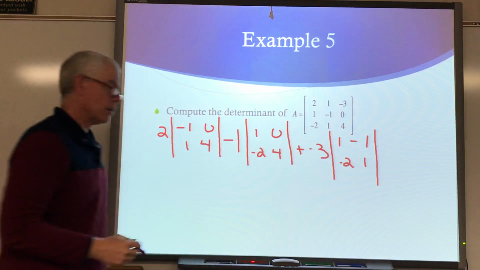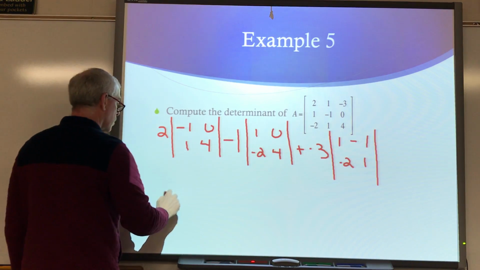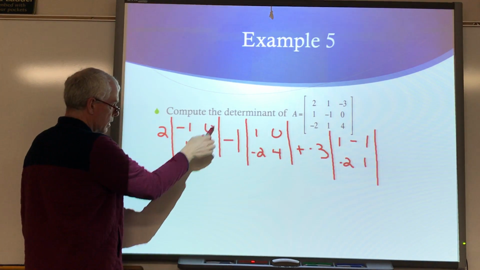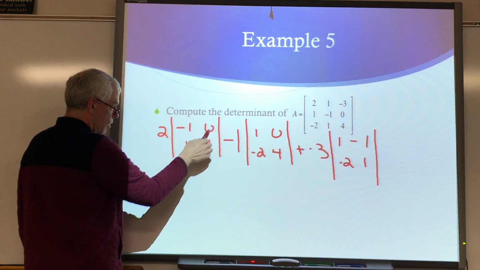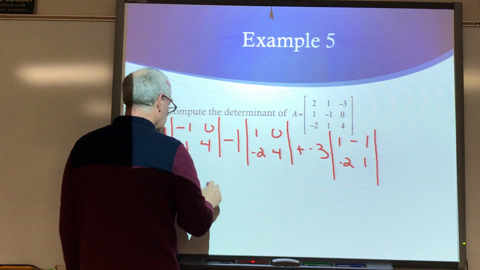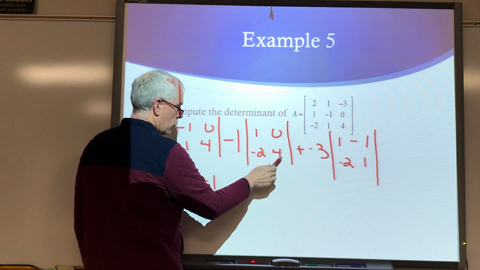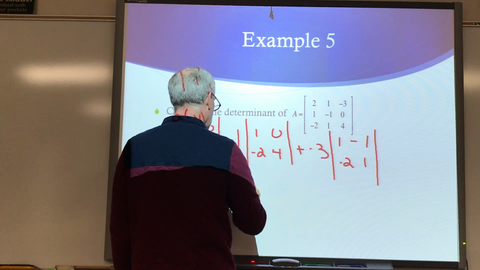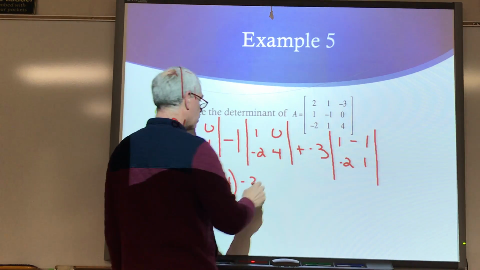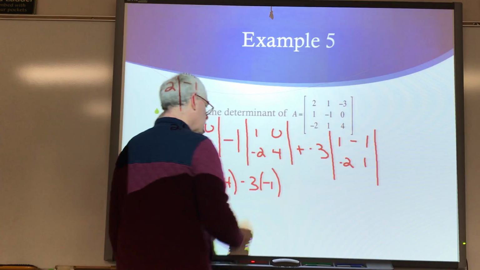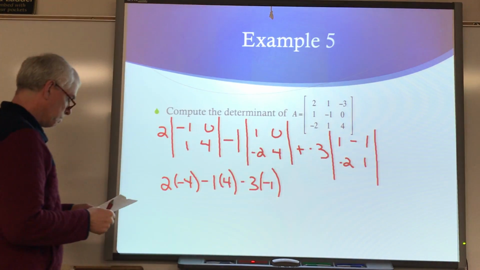Now I just need to do some of that calculation. So the determinant here, remember, we take a times d minus b times c, so that's negative 4 minus 0, negative 4. Minus 1, this is 4 minus 0. Plus a negative 3 or minus a 3, and this is 1 minus 2, which is negative 1.